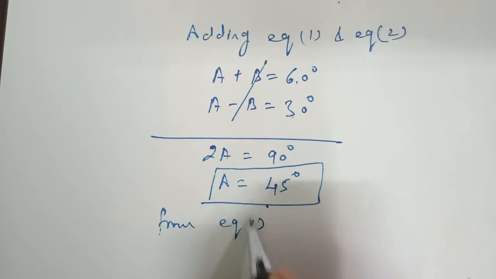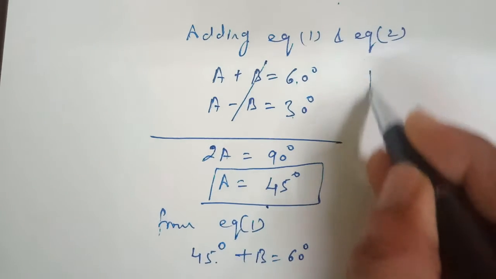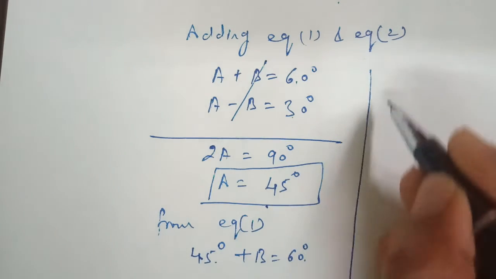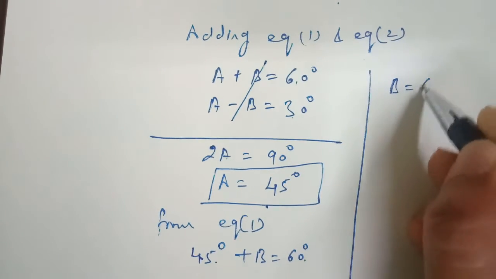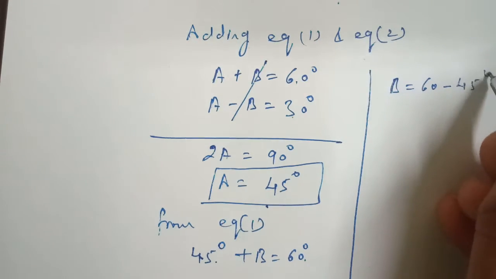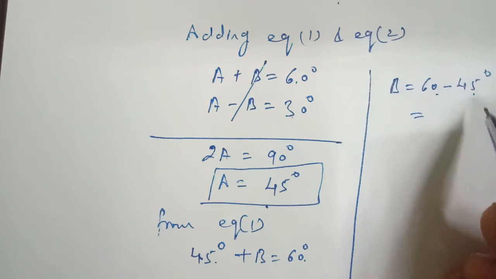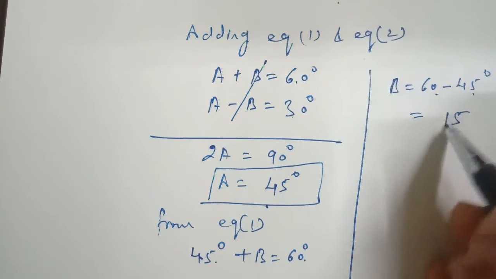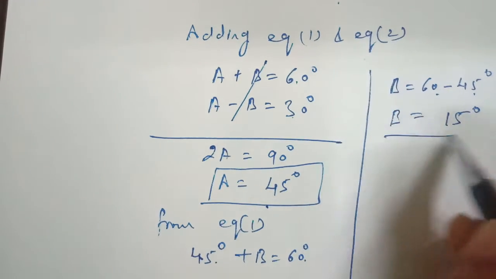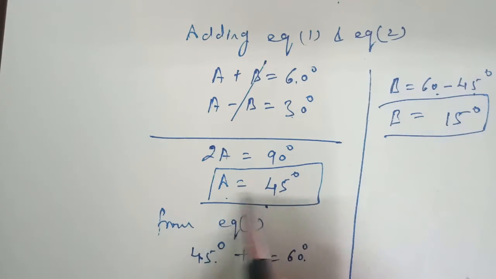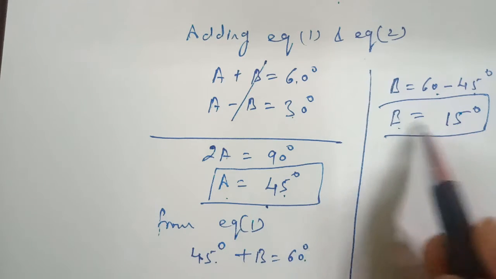From equation 1, writing 45 in place of A, 45 plus B is equal to 60 degree. Now transposing 45 to the other side, we get B equal to 60 minus 45. Subtracting both of them, we get 15 degree.